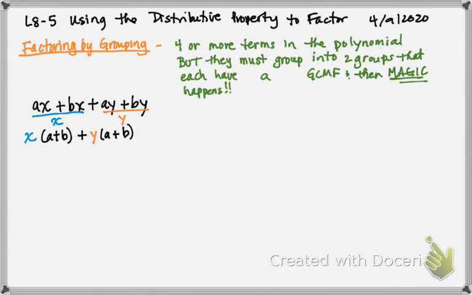That's what we want to happen. We want that binomial to be the same for both. So technically, what I'm doing in my next step is I'm going to divide out the binomial from each of these.